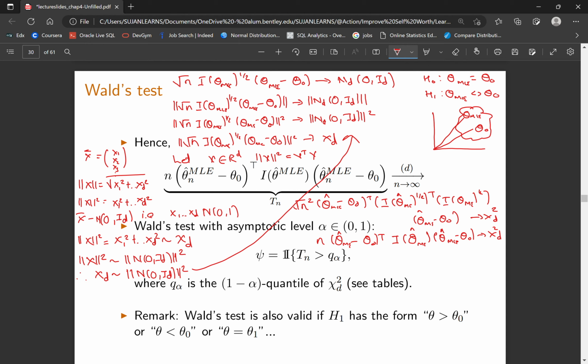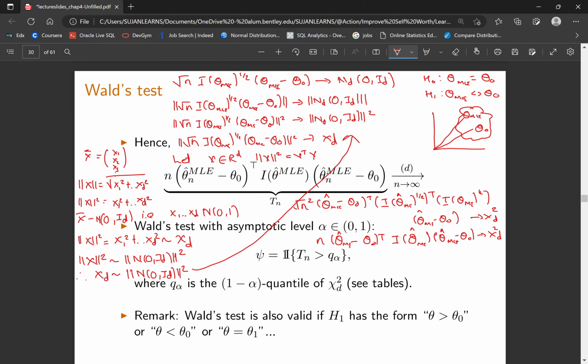In the end, what we did is we derived the chi-square norm by taking the left side and squaring the multivariate Gaussian, the distance between theta MLE and theta naught, which is asymptotically equal to the square of a Gaussian distribution, and we derived that the square of a Gaussian distribution is the same as a chi-square distribution.